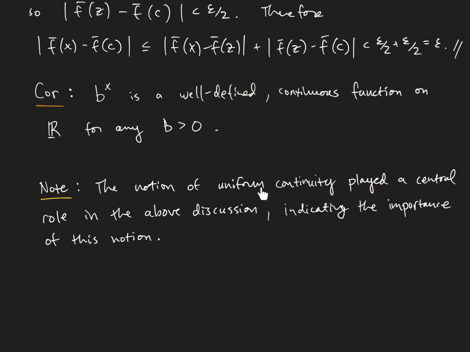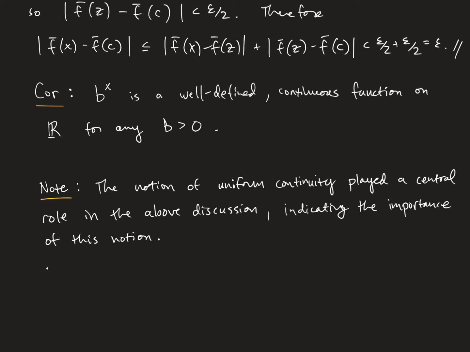Okay, so uniform continuity really was key there. So hopefully this gives you some sense of the importance of this notion. It comes up in other ways in further discussions in analysis. So I want to talk just a little bit more about this notion before we close this lecture out.